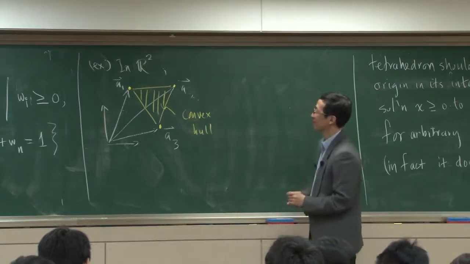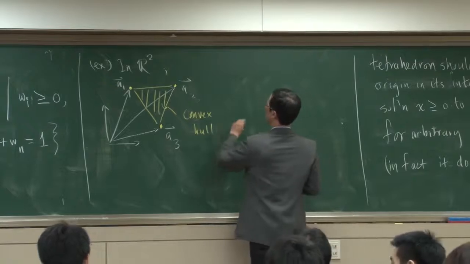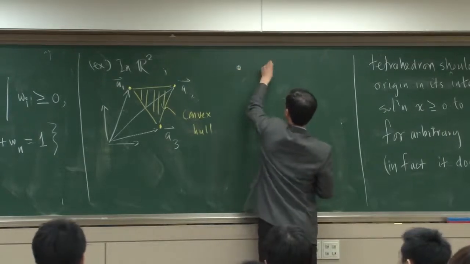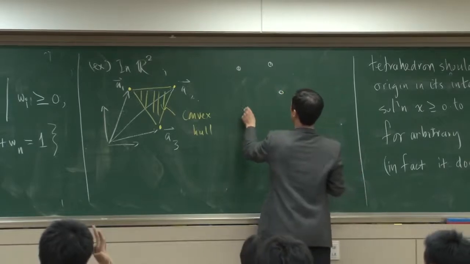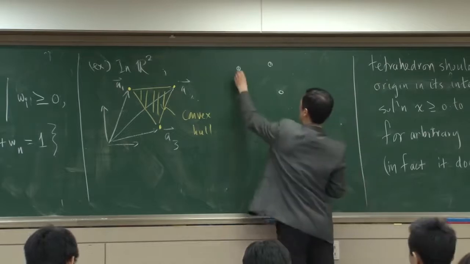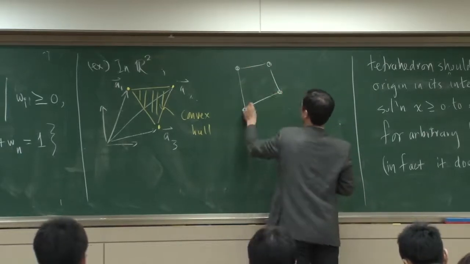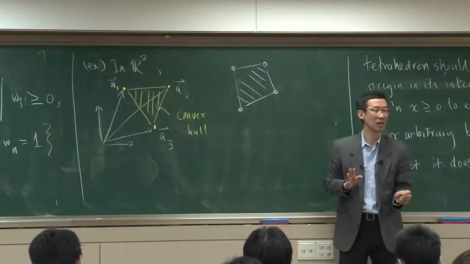Now if we have more points, this time I'm not going to draw the vectors, just represent them as points. If we have 4 points like this, the convex hull is going to be this quadrilateral.